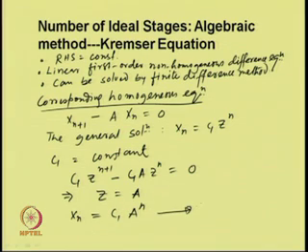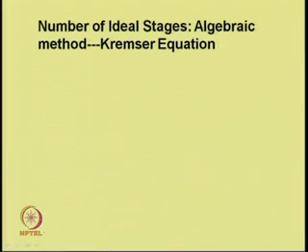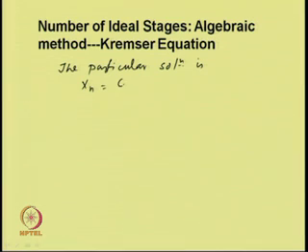Now, since the right hand side is constant, the particular solution is x n is C 2, where C 2 is a constant.